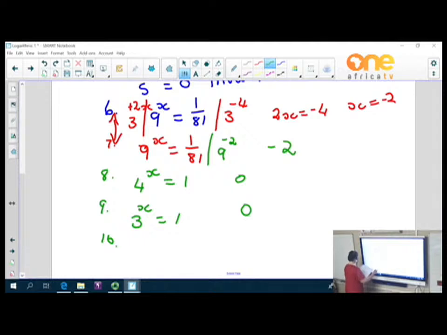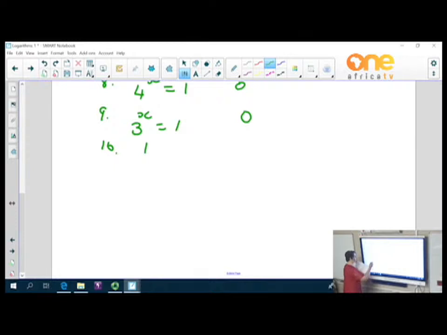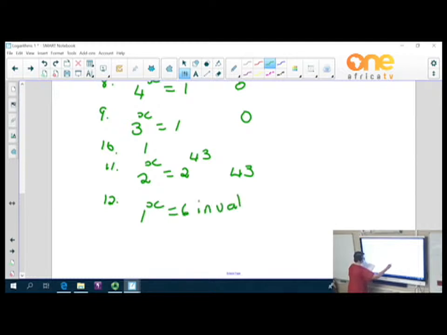Number 10, 12 of 12, so we know that by now. 11, 2 to the power of what is equal to 2 to the power of 43. So it's 43, my bases are the same. And number 12, 1 to the power of what is 6. And this is again invalid.